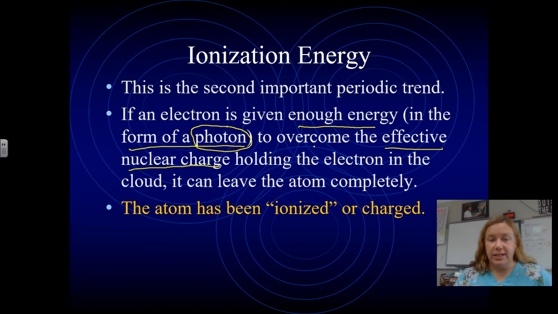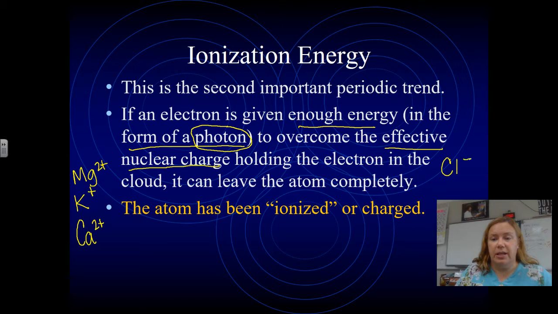Now, we've talked about ions a lot so far. We know that when an atom loses an electron, it becomes a cation. Here are some cation examples. If an atom gains electrons, they're going to become anions.